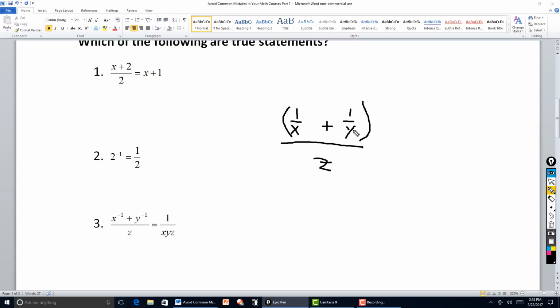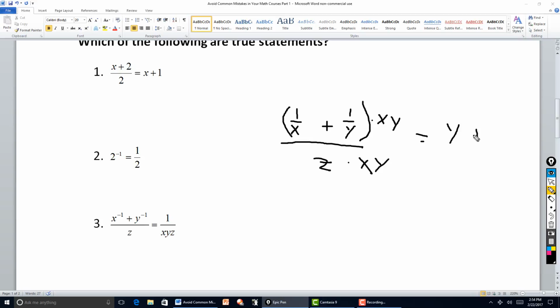So if I multiply through by the LCD of the denominators on top, it would be xy. xy times 1 over x, the x's would cancel out. This would give me a y. For the next one, the y's cancel out.